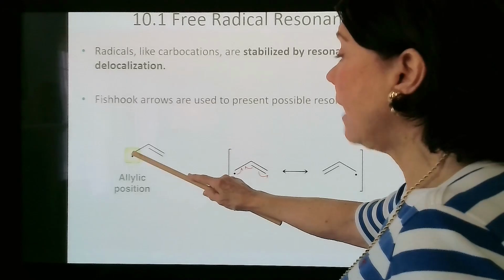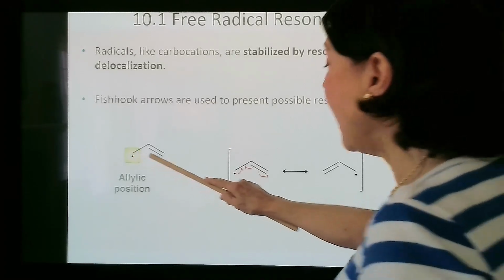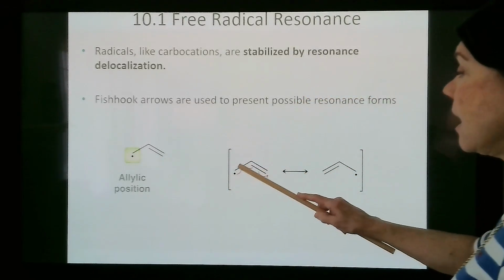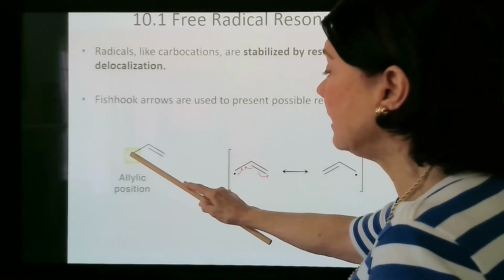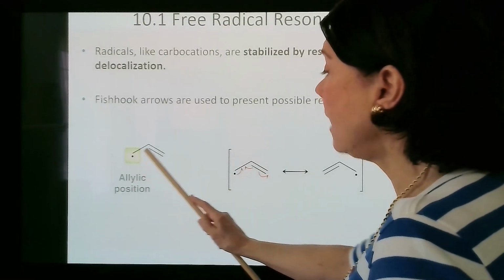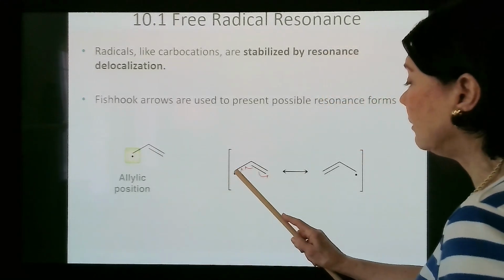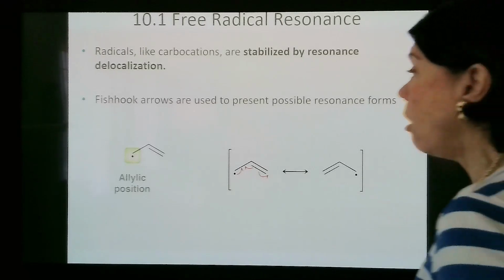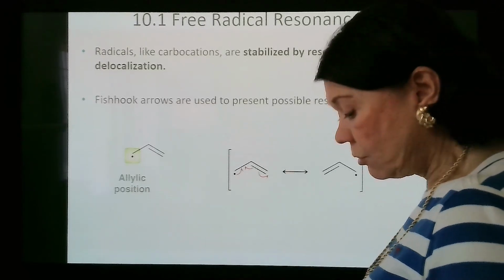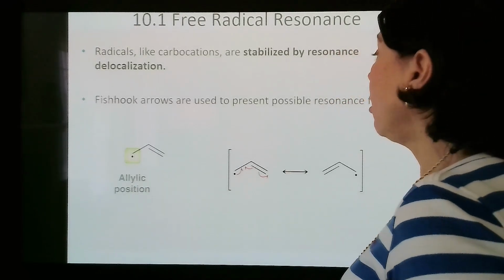So here you have unpaired electron density, and now you're spreading it out. You're going to have some unpaired electron density at carbon 1 and some at carbon 3. Here you can see it in where the unpaired electron is drawn. And that's going to be true of all of the allylic molecules.